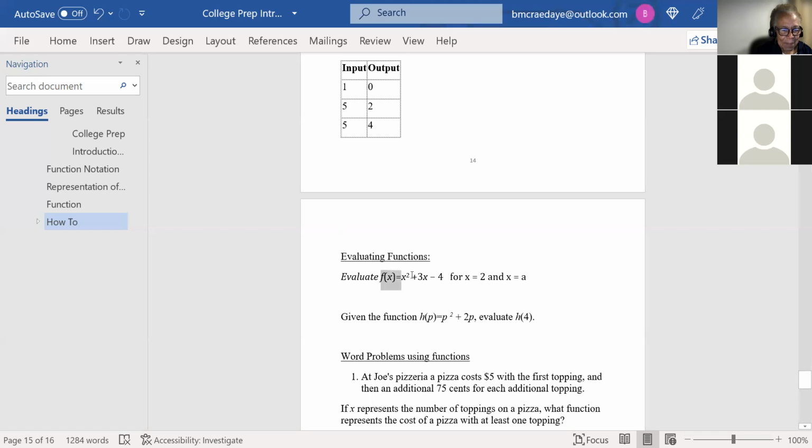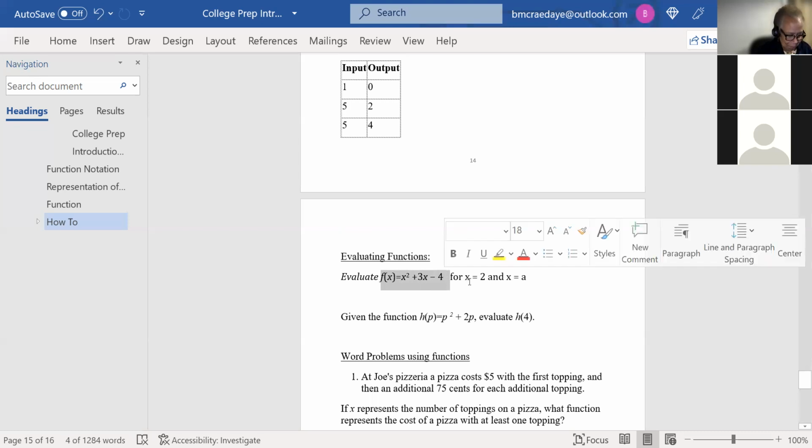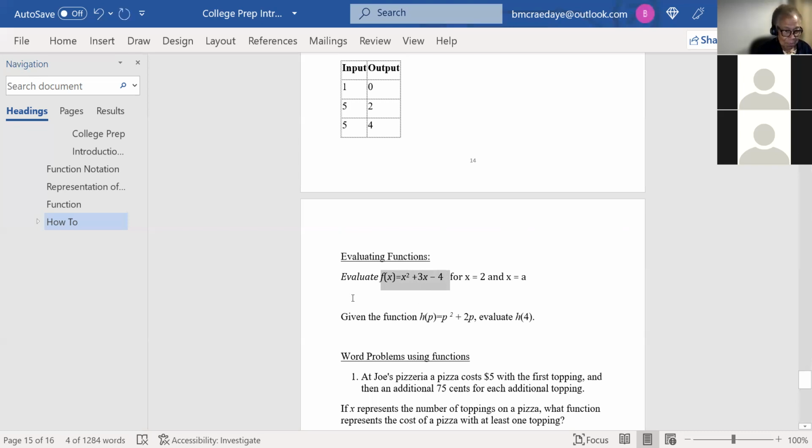So I'm going to copy this. I want you to substitute, tell me what you get. So this first one, x is going to be a 2. Wherever you see an x, you're going to put a 2. Do that one and tell me the answer.